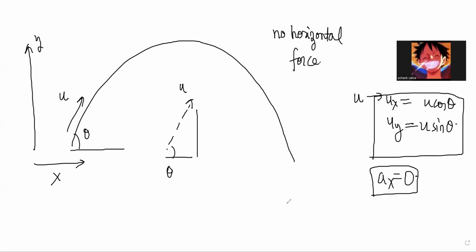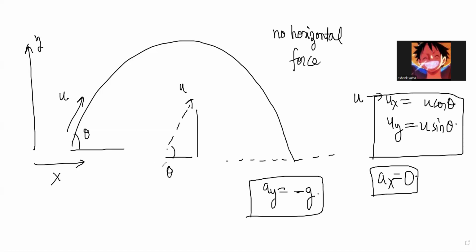Yes, sir. ay would be basically minus g because it is in the downward direction. Yeah. Other velocities are upward, gravity is downward, so we'll put a minus g there, right? Yeah. Now, the first thing that you need to derive here is how much time it takes for the particle to fall back on the ground.